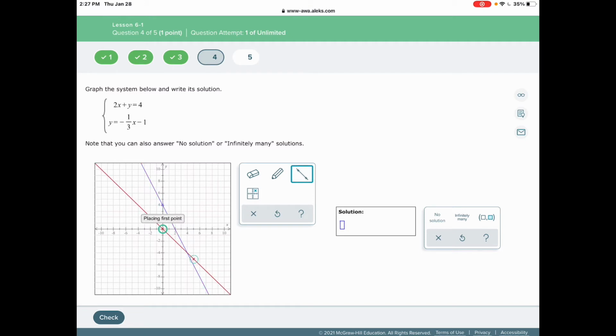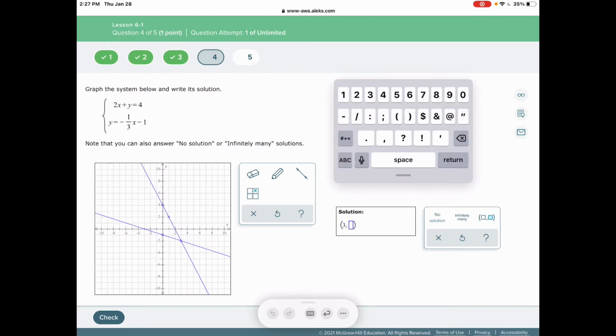There's my first line. And for the second line, I'm going to start at the y-intercept -1. And I'm going to do the slope -1/3, which is down 1 over 3. And right there, I'm going to discover the point that is the solution to this system. That's (3, -2).